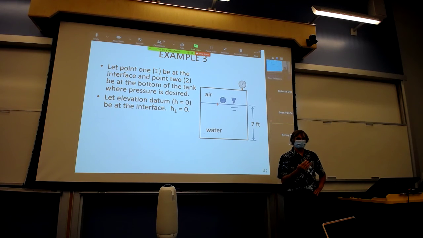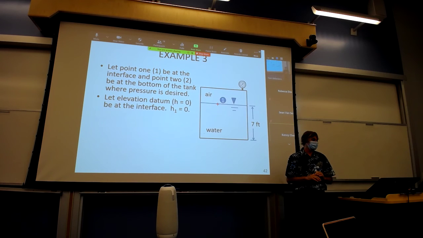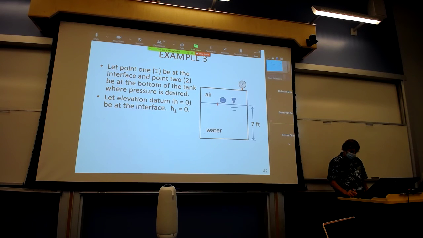What's the litmus test for free surface? Do you have atmospheric pressure there? 0 gauge pressure or 101,000 Newton per meter squared absolute? Do you have atmospheric pressure there? No, it's not a free surface. It's just an interface. Got it? So that P equals gamma H stuff I just told you, you can't use because that's only good for a free surface. So that's going to be point 1.